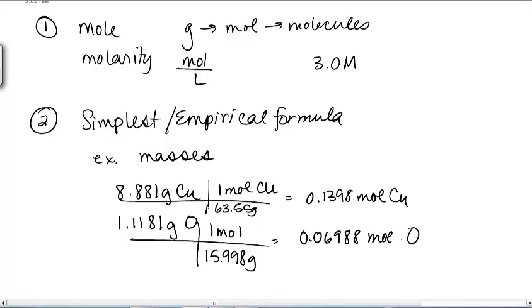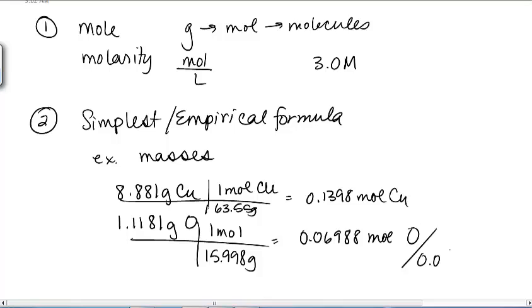What do I do with these numbers now if I'm trying to find the simplest formula? What do I do? Most of you know. Or maybe you don't know. Smriti? Yeah, so I'm going to take these each and divide by the smallest number of moles.